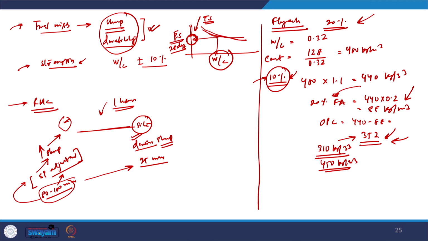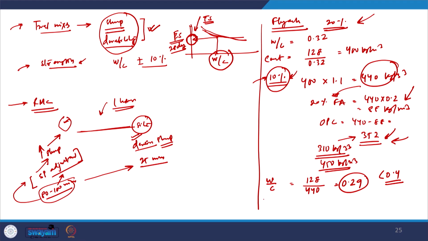Okay. So, now since we have also increased the cementitious material content to 440 kg, our water cement ratio will change. So, the new water cement ratio becomes equal to 128 by 440, which is 0.29. Again this is less than 0.4. So, this is fine, we can proceed ahead. Alright. So, now all the other steps will remain the same.